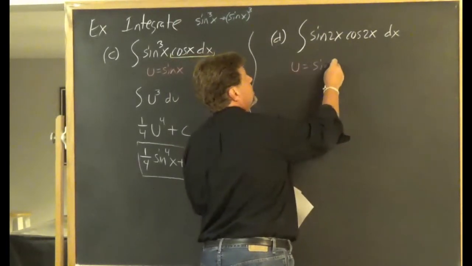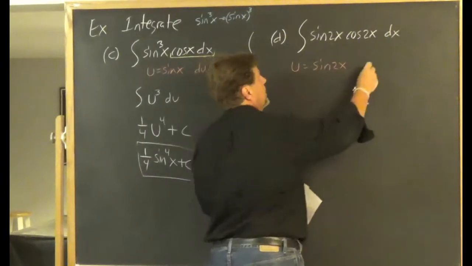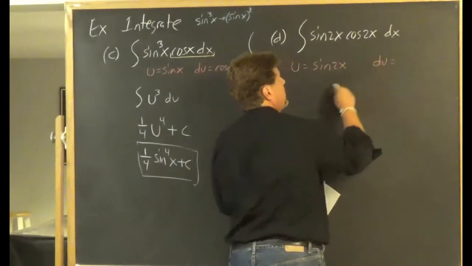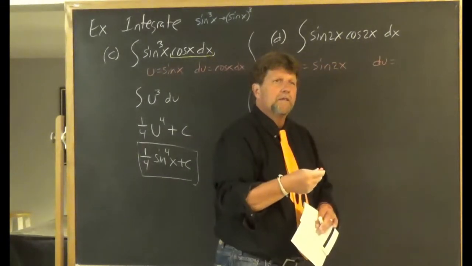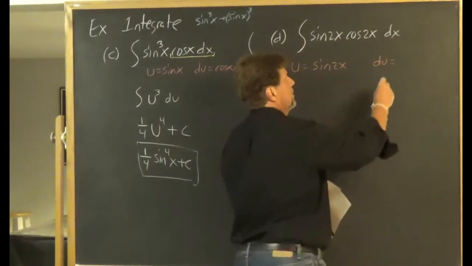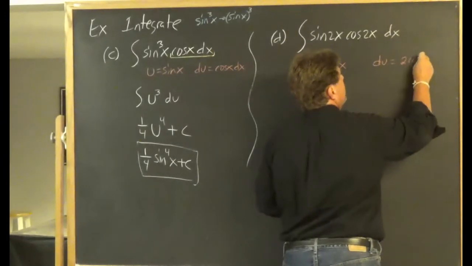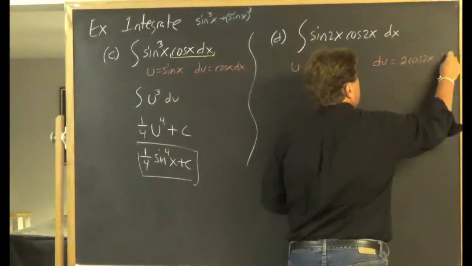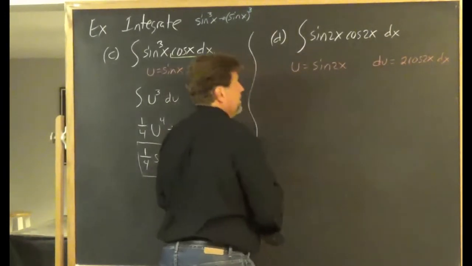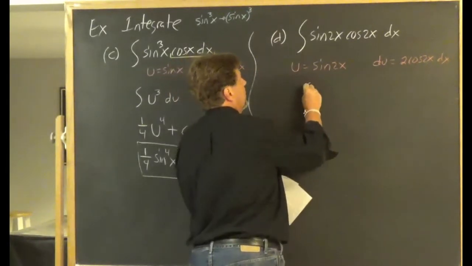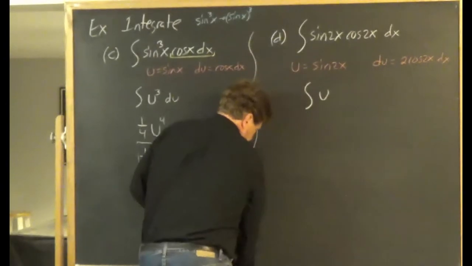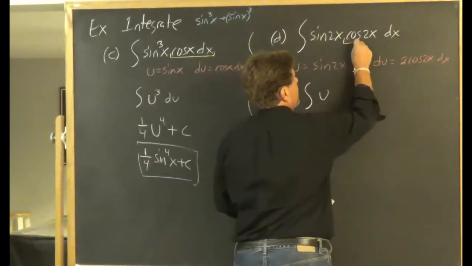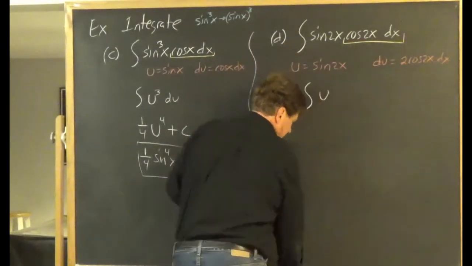I'm going to let u equal sine 2x, then du, well, du is the derivative of this, which would be cosine 2x times 2. Remember the chain rule. So when I substitute in, okay, here's my u, and then I have to still take care of the cosine 2x dx.